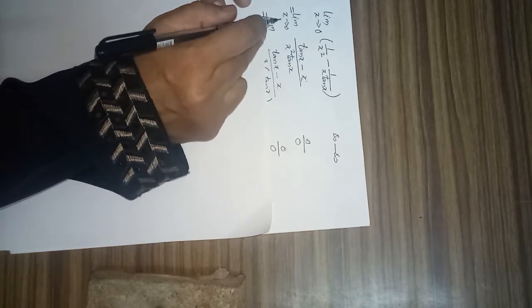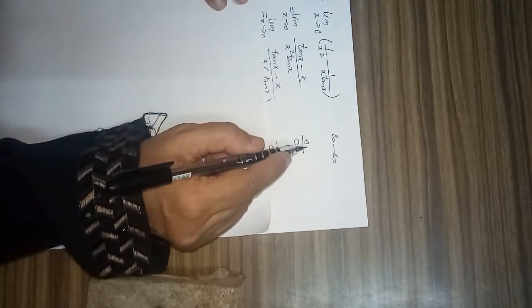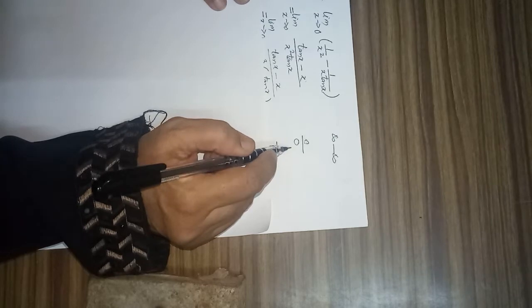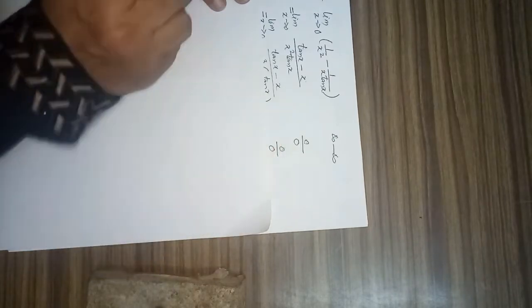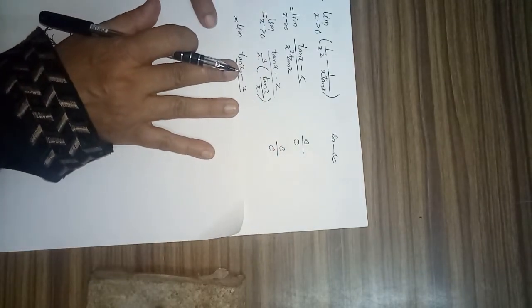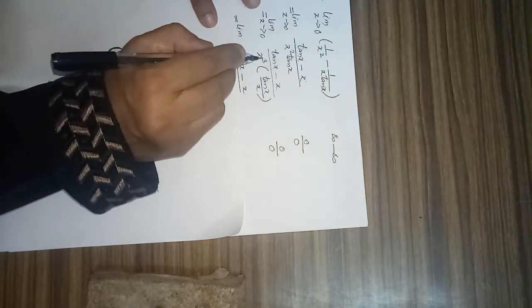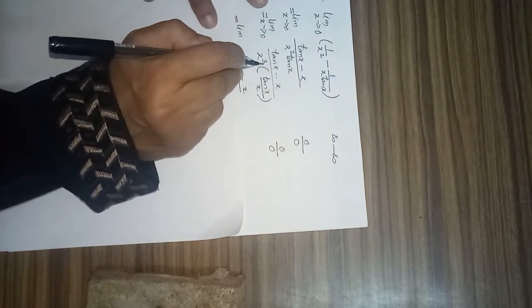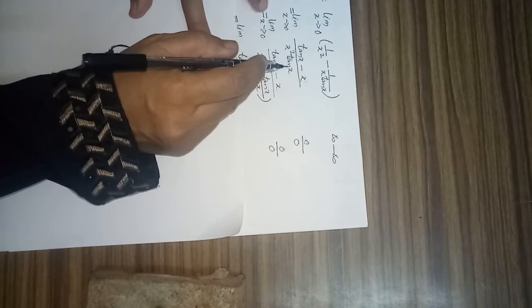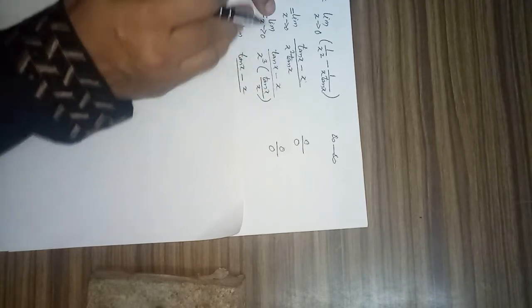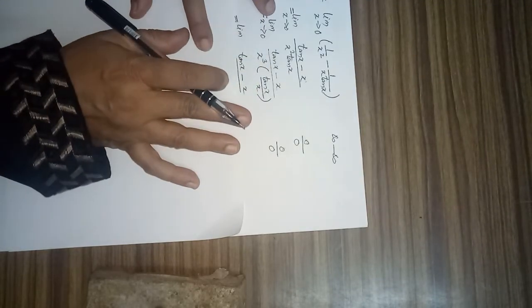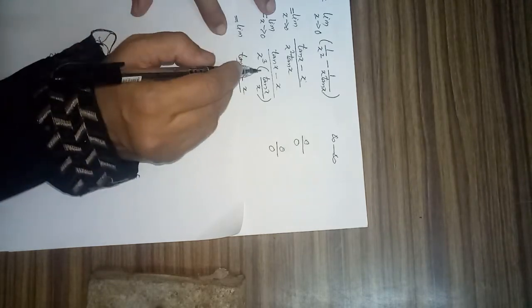Now if we substitute x equal to 0, it will reduce to 0 by 0. Hence we will apply L'Hospital's rule. Therefore, before applying L'Hospital's rule, we make a little change, because if we differentiate numerator and denominator independently, it will never end, it will continue. Therefore, we make a little change.